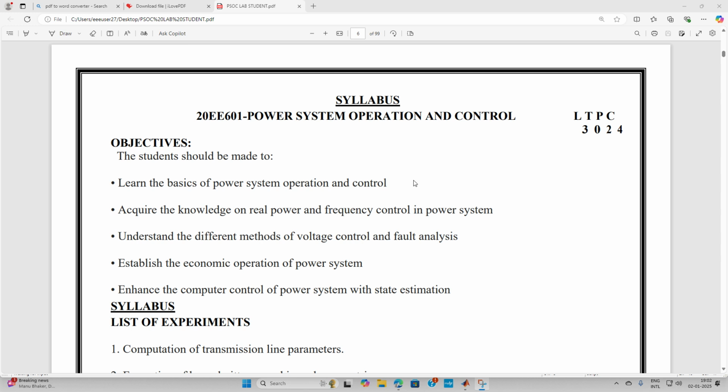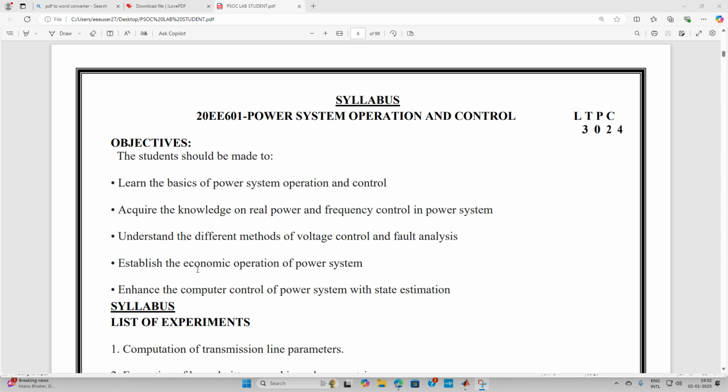Third one: understand the different methods of voltage control and fault analysis. So how to control the voltage and what faults occur in the transmission lines. Next, fourth objective: establish the economic operation of power systems.